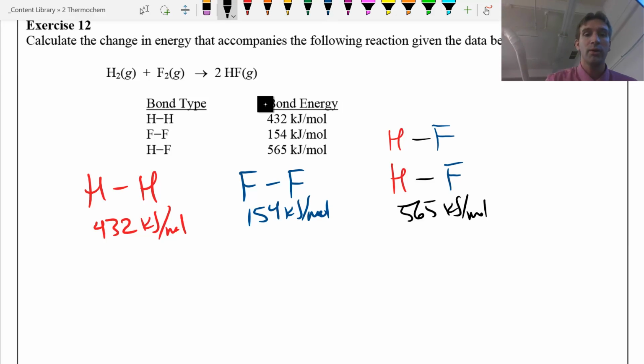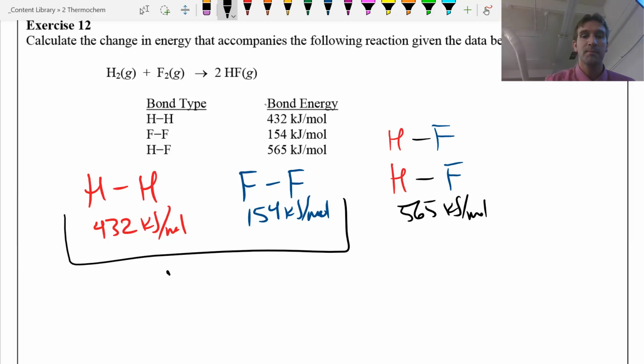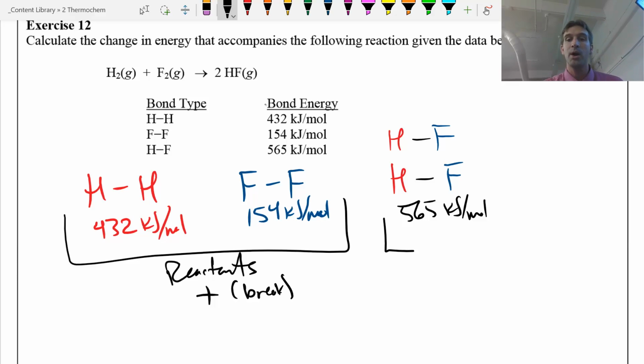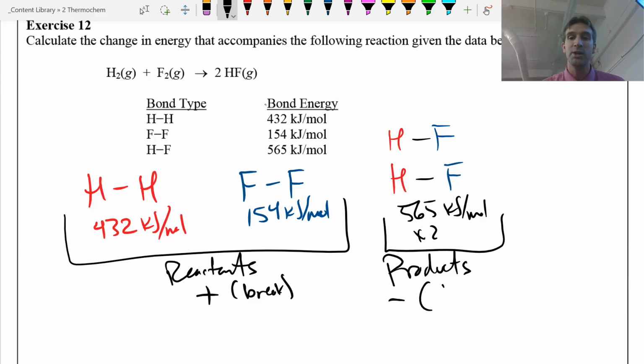So with our reactants, I have to add those energies up. They're going to be positive in order to break bonds. And on my products, I have to write those values as negative because they're giving off energy as we form bonds.